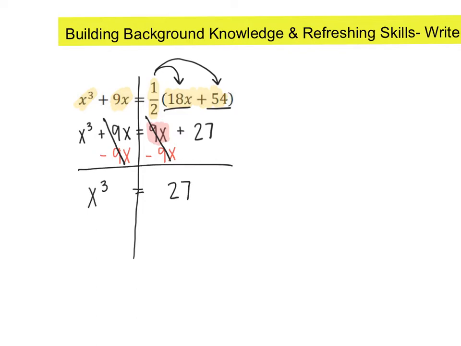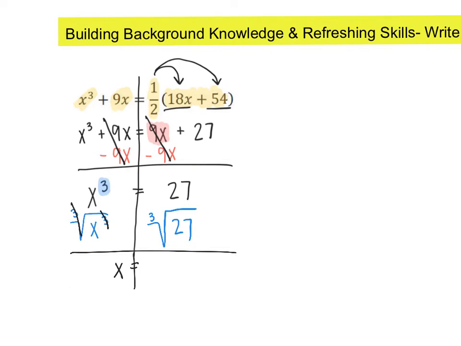Now x is still not completely by itself. It is being cubed. So to undo that cube, I have to take the cube root. So that is exactly what I'm going to do, and I'm going to do it to both sides. On the left side, my cube root cancels out my cube, and I'm just left with x. On the right side, I have to figure out what times itself 3 times is 27, and I'm going to start with 1.